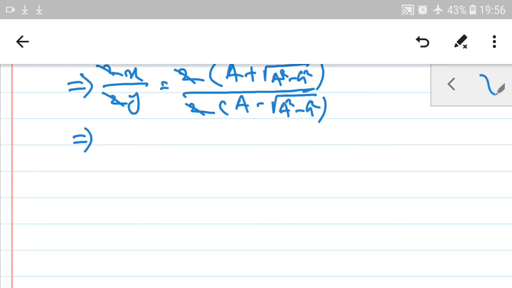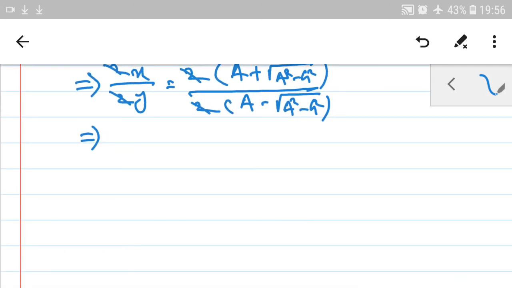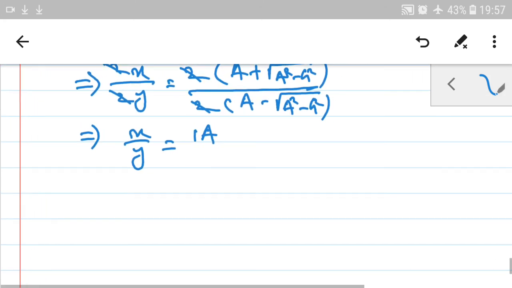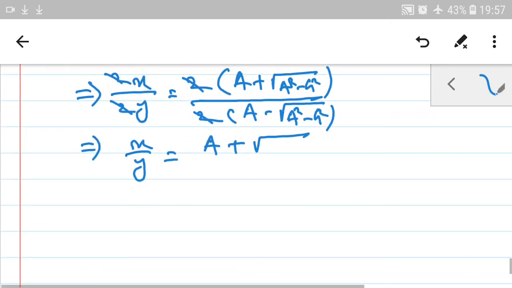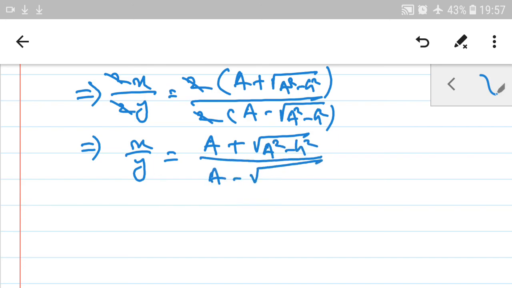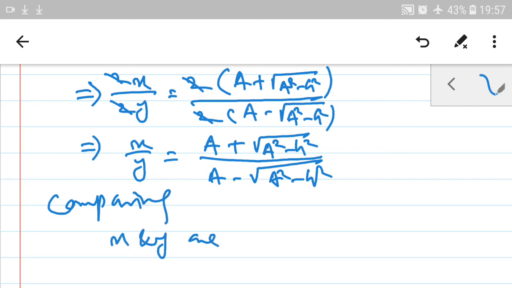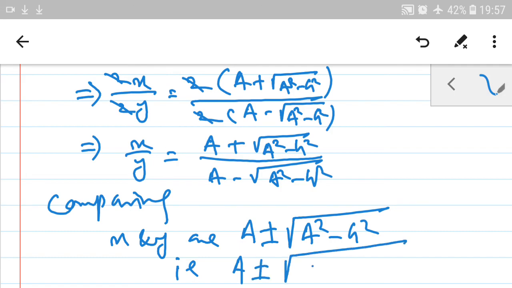That implies we get x by y, that is the number x by y, is equal to A plus under root A square minus G square divided by A minus under root A square minus G square. On comparison, I get x and y are A plus minus under root of A square minus G square, that is A plus minus under root of (A plus G) whole into (A minus G).